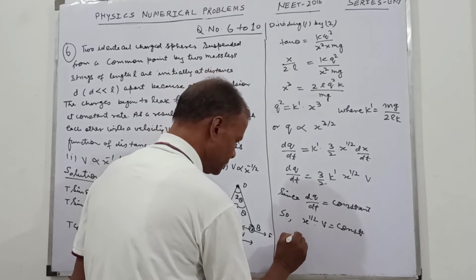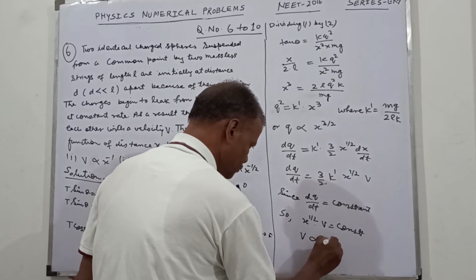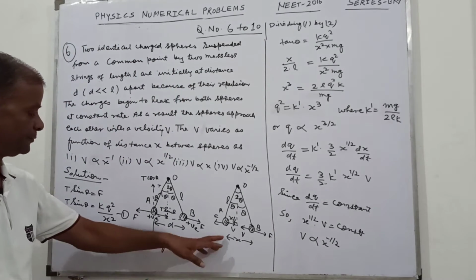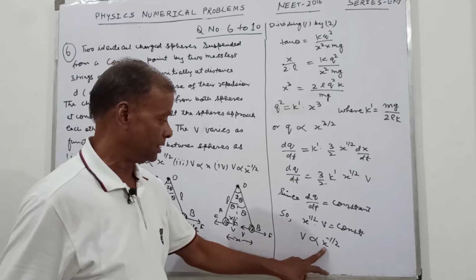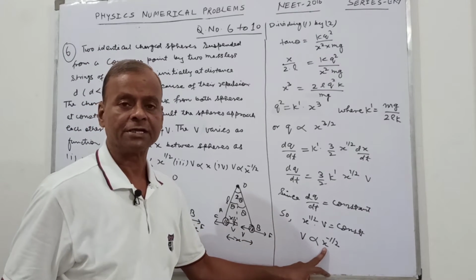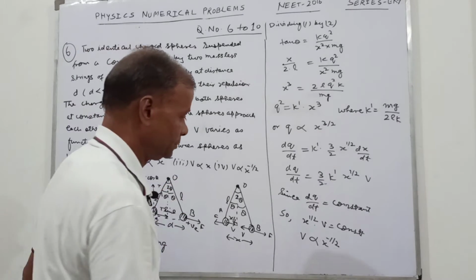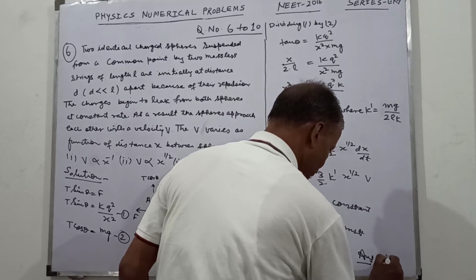So we have this v is proportional to x raised to power half. It means that the speed between these spheres will be proportional to x raised to power minus half. So our option is fourth. So our right answer is the fourth one.